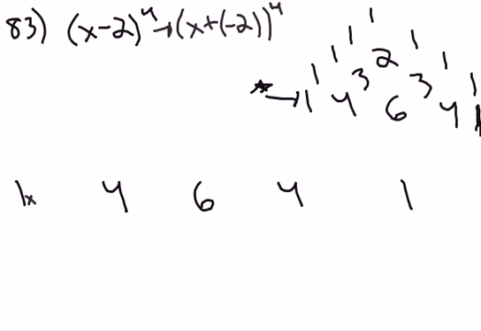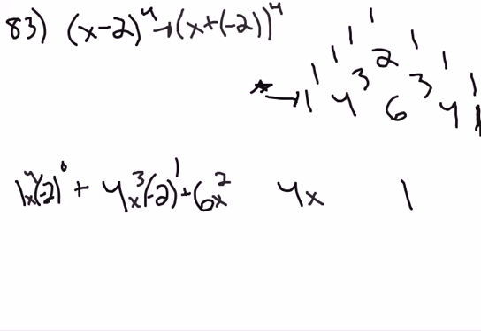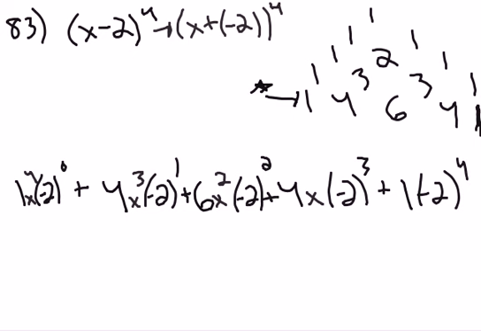And so I start with x to the 4th, and I go down all the way to x to the 0, but x to the 0 is 1. So I started with this number, and I went decreasing in powers. Now I start with -2, and I go increasing powers. So I have -2 to the 0, -2 to the 1st, -2 to the 2nd, -2 to the 3rd, -2 to the 4th, okay?